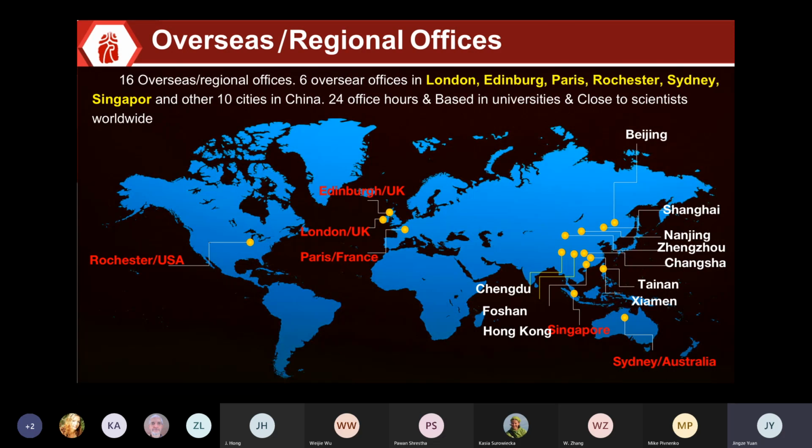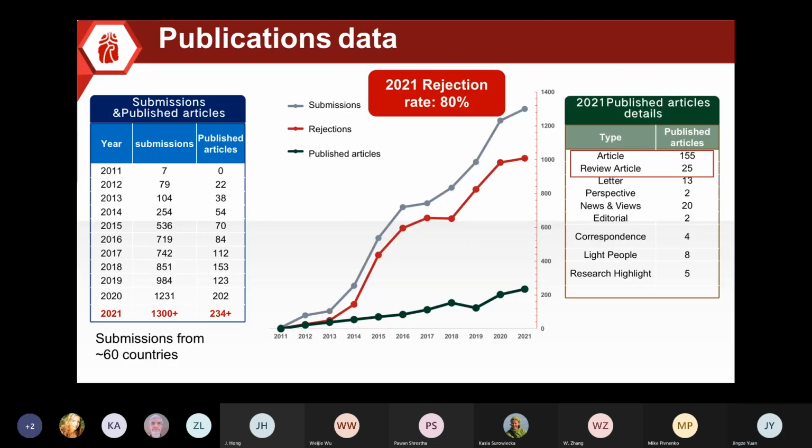The duties of each office may be different, such as organizing certain columns, like perspective and news and views, and operating ELSA official accounts on Twitter, Facebook, and YouTube, and so on. In addition, these offices based in universities also make ELSA closer to scientists worldwide.